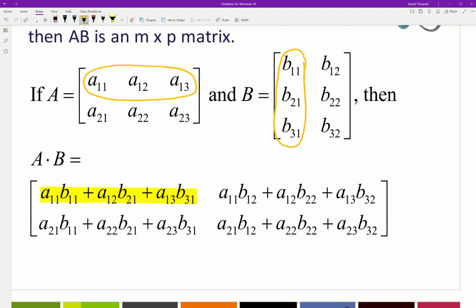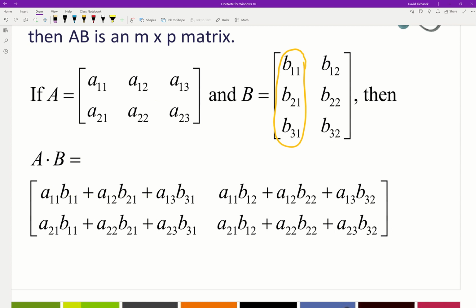And then as we move on, we just do all the different combinations of pairing a row from A with a column from B. While that first entry is the first row of A and the first column of B, I'm not even going to introduce more symbolism here, because I think we have enough of that on the page.